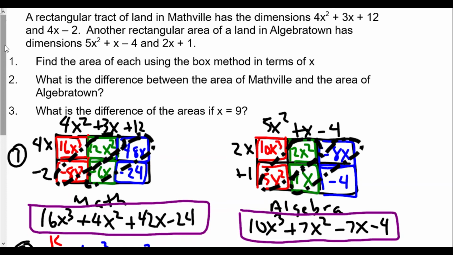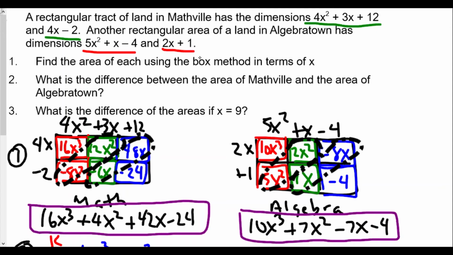And now for number 3. For number 3, what you could do to find the areas if x equals 9 is, one method, plug in 9 into 4x squared plus 3x plus 12, and then plug in 9 into 4x minus 2. And then multiply to find the area of Mathville. Then you plug in 9 for Algertown, with the dimensions 5x squared plus x minus 4 and 2x plus 1.